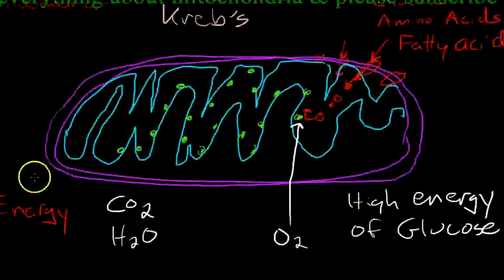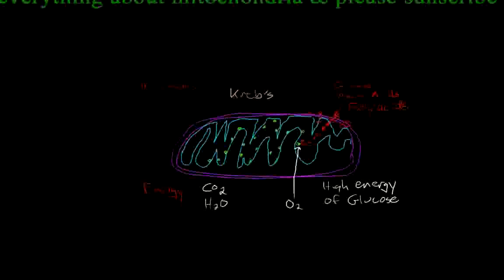It is using the energy to, here I'm going to zoom out so we can see what we're writing, change a molecule of adenosine diphosphate into adenosine triphosphate. And this is all happening somewhere in here as the energy gets released.